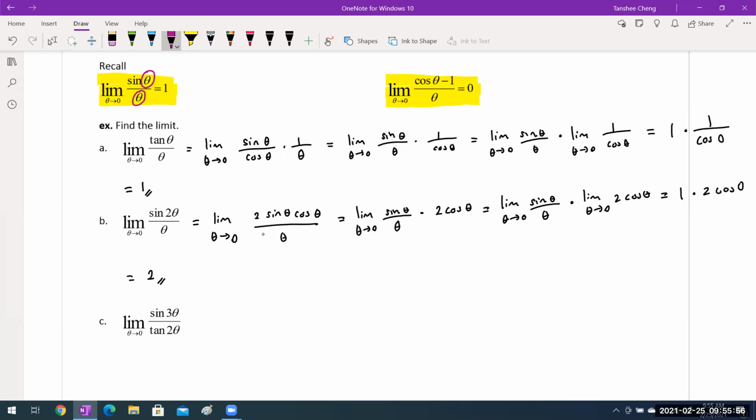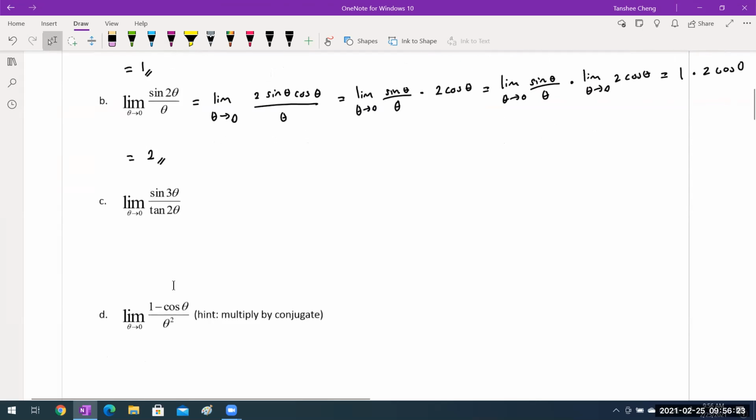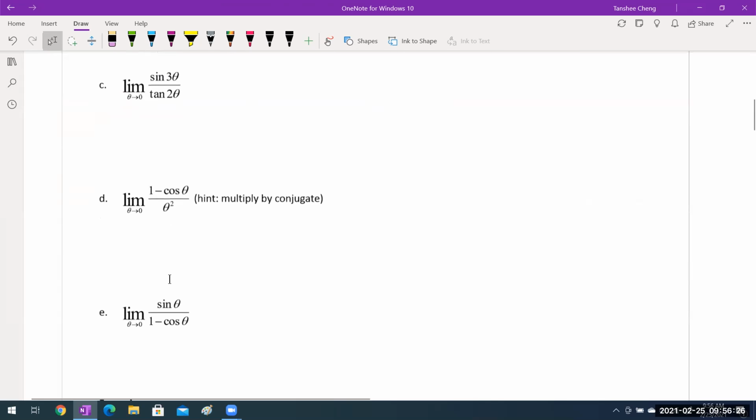So in the second problem in part B, we can do a different approach rather than doing it this way. In general, what you need to know is the limit as theta approaches 0 of sine of an argument over the same argument will be equal to 1. You can always test that. So right here, first of all, I will try to rewrite tangent as sine and cosine. This will give us more room to work with.